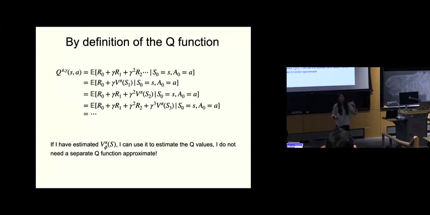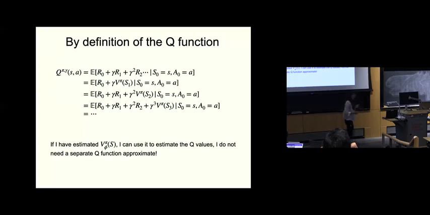Now for Q, I may as well use the tools that I know from TD to form a biased but lower variance estimate of that Q value. And what would that be? Well, Q essentially, I can take the sum of immediate rewards, depending on whether I use n-step TD or TD0, and then the value of the next time step.